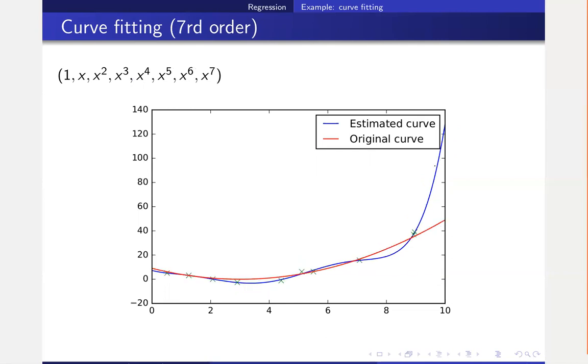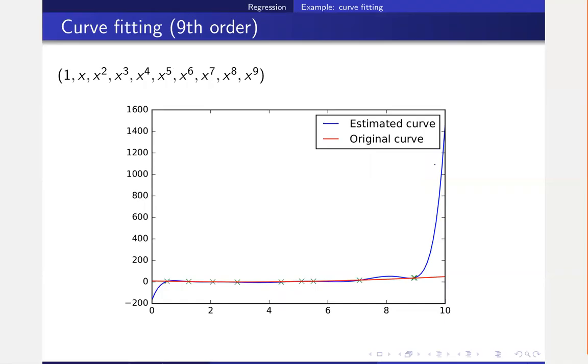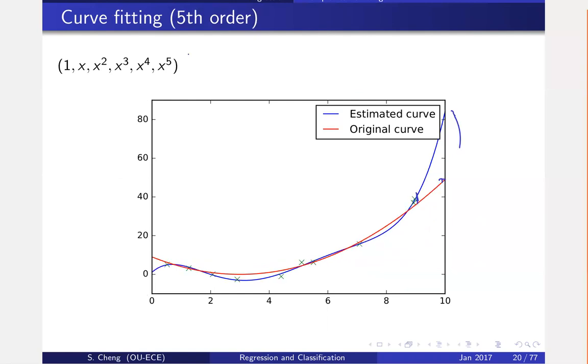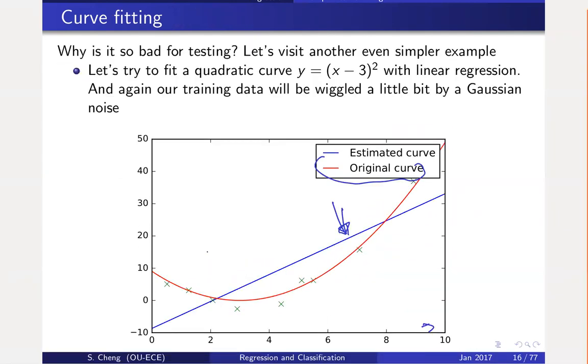If I continue to increase, it's getting really bad. So that's overfitting. And by the way, the opposite of overfitting would be underfitting. That's the case when I'm just fitting a linear model to data that is apparently quadratic.